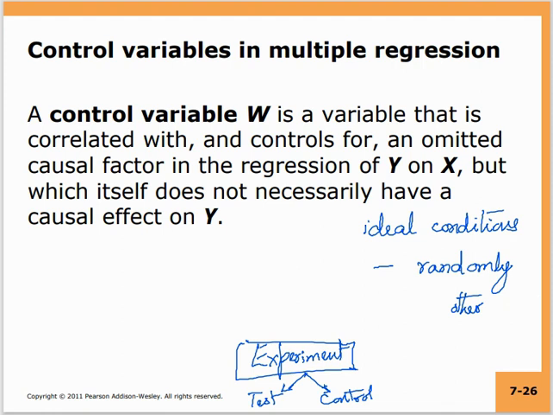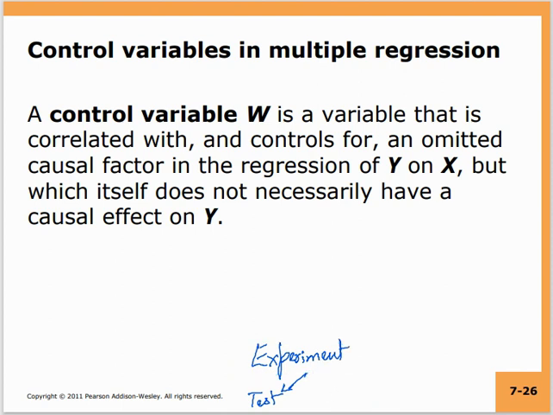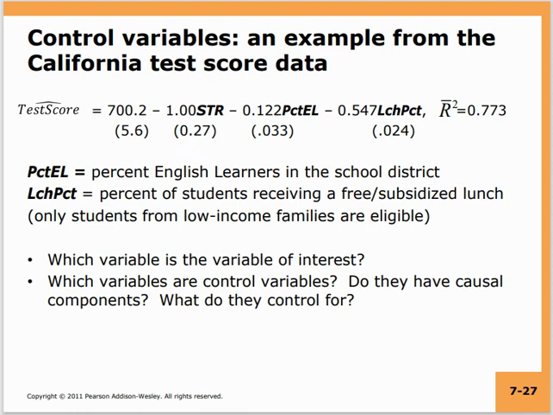That is, we are trying to account for all other variables which might possibly cause changes in the dependent variable, the y variable, but they may not necessarily be causal variables. They are all the other variables that are outside our control, but we have to take them into account while specifying our model.